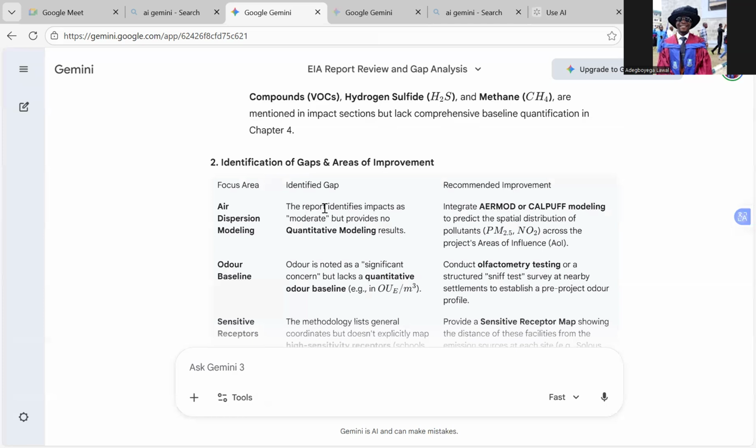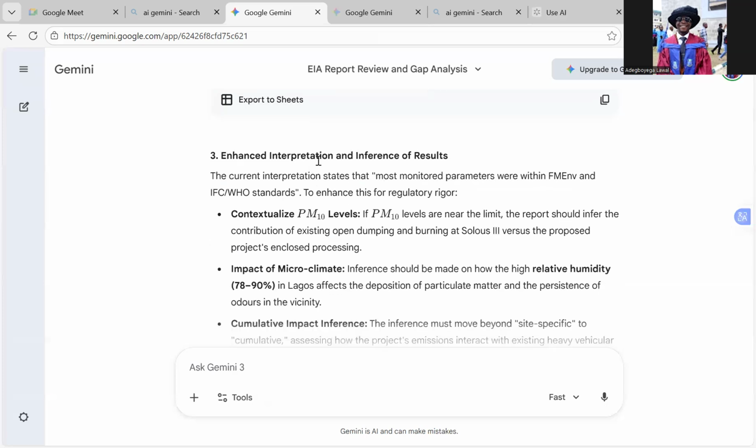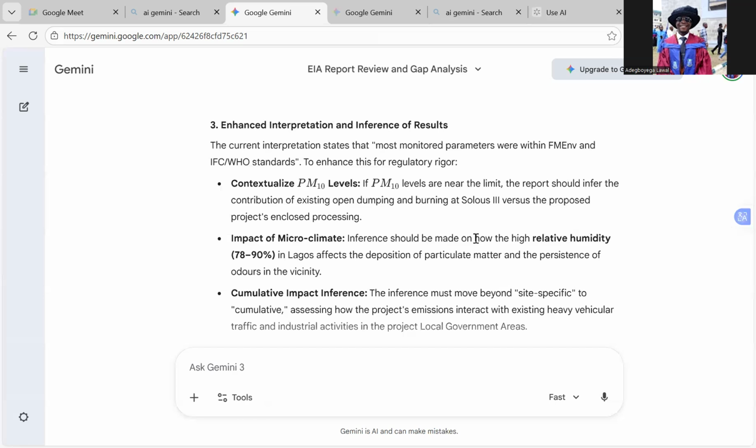So these are areas and recommendations. Enhanced interpretation of reference reports: most monitored parameters were within FME limits, but there's need to bring up inference. For example, inference should be made on how the high relative humidity in Lagos affects the deposition of particulate matter and the persistence of odor in the vicinity.